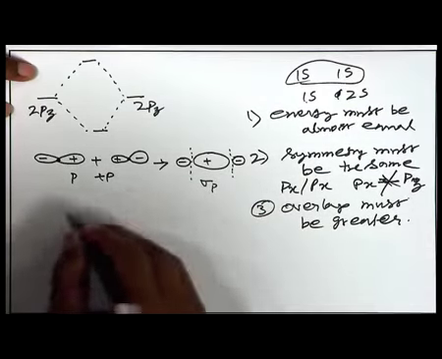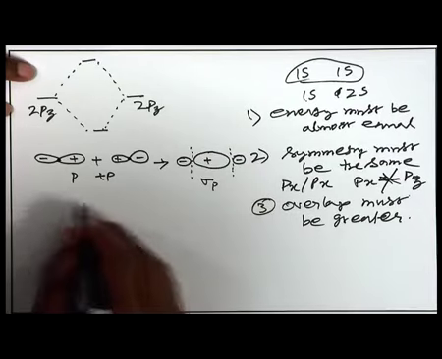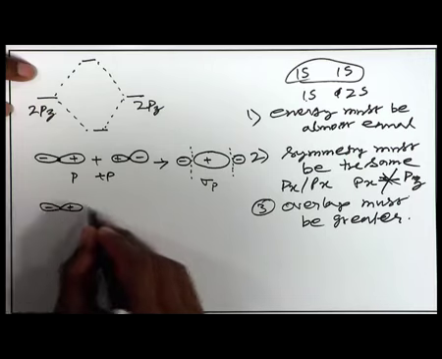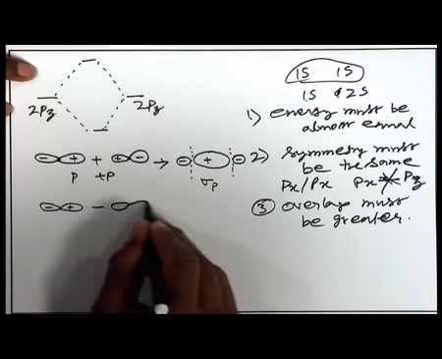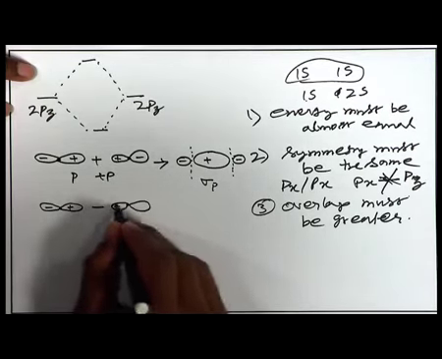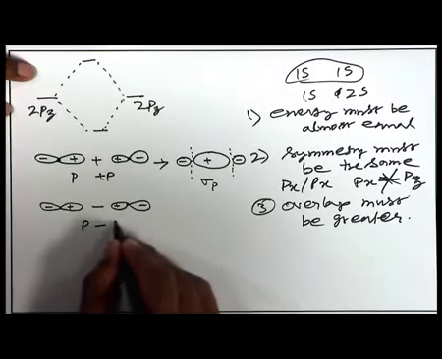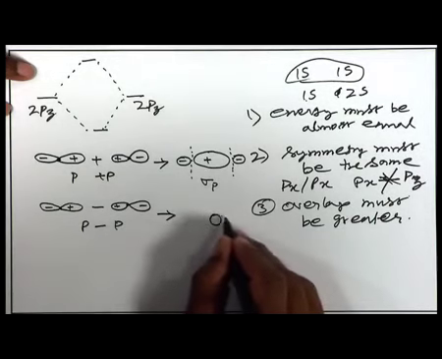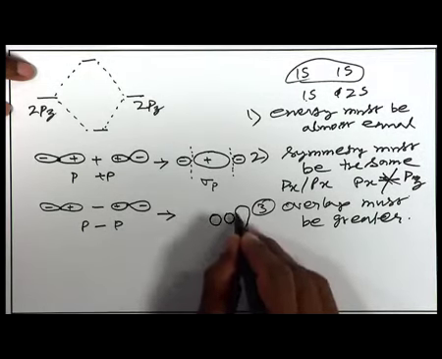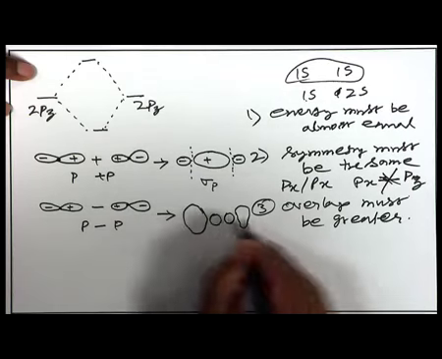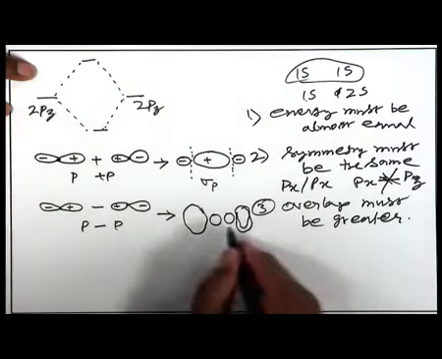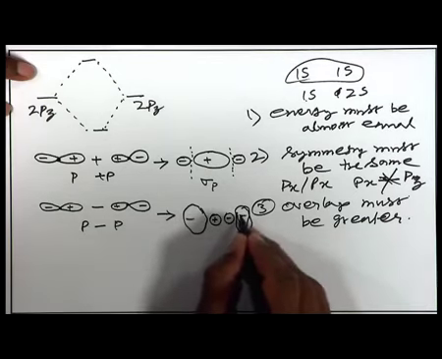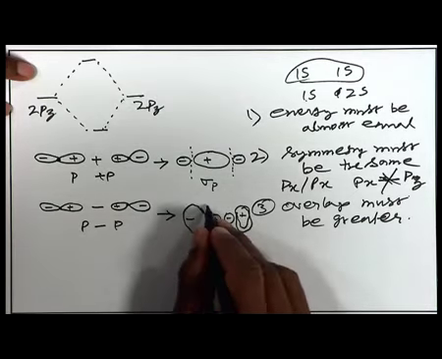The corresponding anti-bonding orbital is represented this way. This is p minus p, so we will have it like this: minus, plus, minus, plus, and these are the nodes.